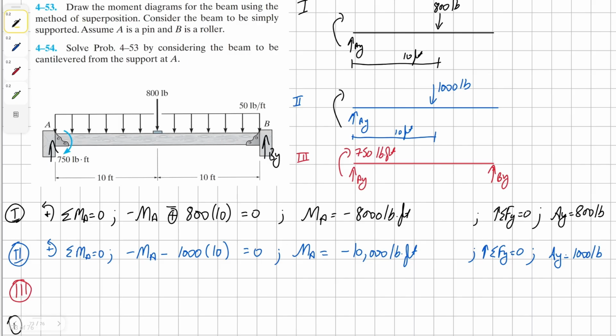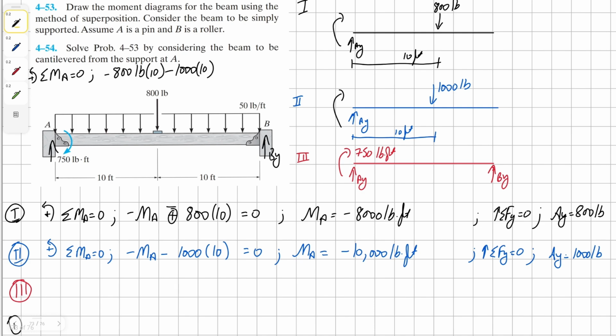Otherwise there is no way we can have this 750 pound per foot force on this beam, and that means we would have to find our reaction forces for this beam to solve this part of the problem.